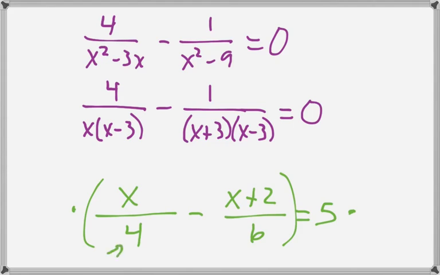Well, 4, if we factor that, is 2 times 2, and 6 is 2 times 3. So we choose 12 because it has 2 factors of 2 to get rid of the 4, and it has a 2 and a 3 to get rid of the 6. That's essentially what we're doing here.